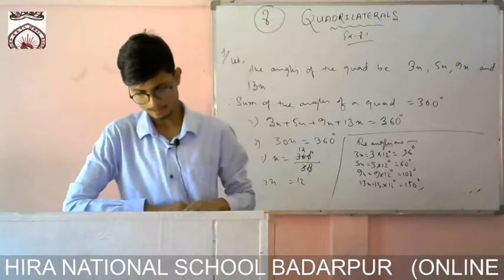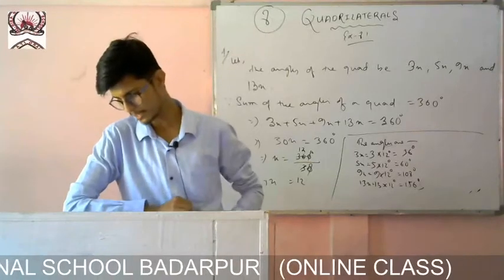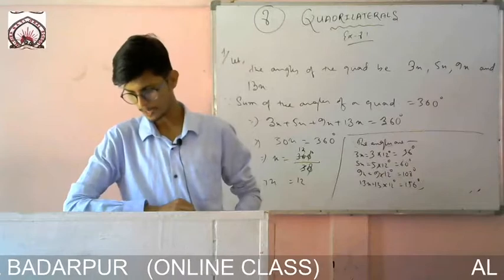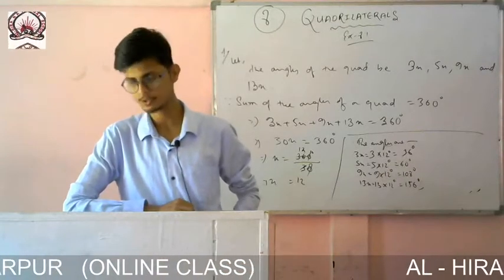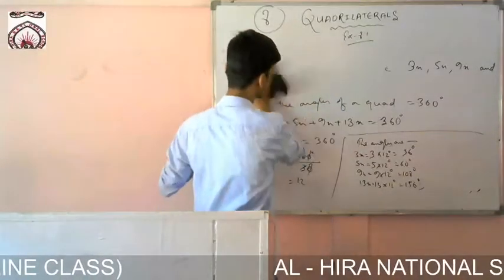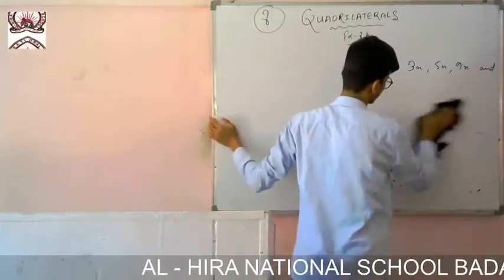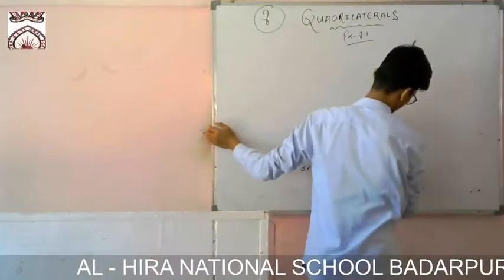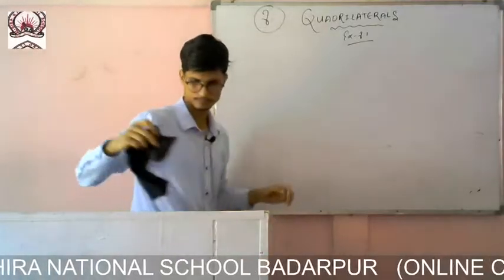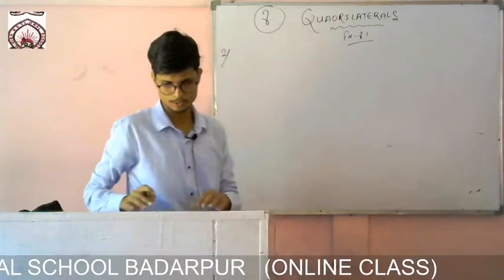Okay, so now let us move to question number 2. If the diagonals of a parallelogram are equal, then show that it is a rectangle. If the diagonals of a parallelogram are equal, then you have to show that it is a rectangle. Okay, no problem, I will show it. Question number 2.